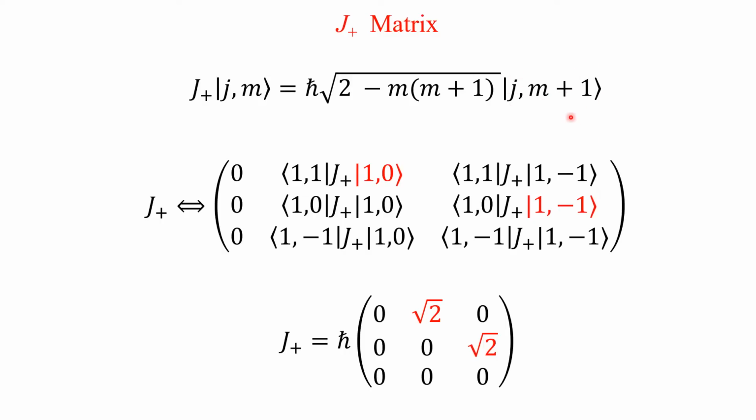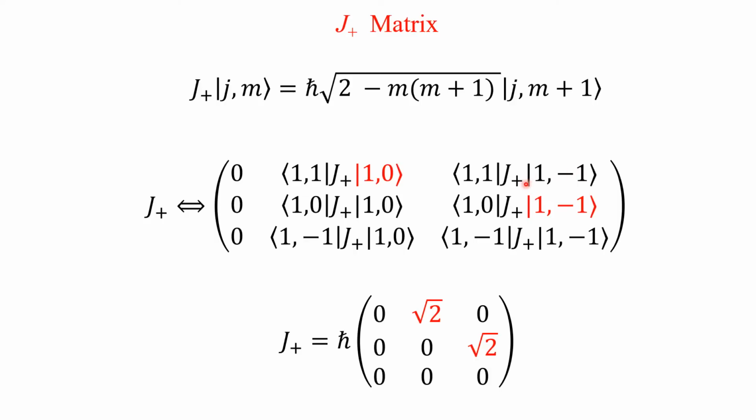You have to keep that in your mind. So here you can carefully watch this matrix element. When j plus acts on 1 0, this 0th state will become 1. m will become 1 because it will raise the level of m by 1. So here 1 1, here also 1 1. So this matrix element exists.